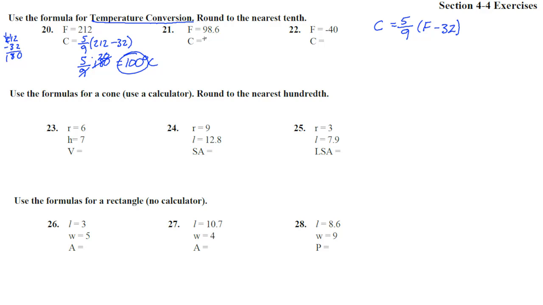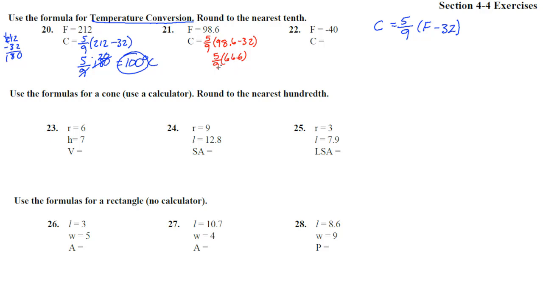Okay, next one, number 21, 98.6. So we get Celsius equals 5/9 times 98.6 minus 32. Okay, 98.6 minus 32, that looks like 66.6. 66.6 times 5/9. Oh boy.